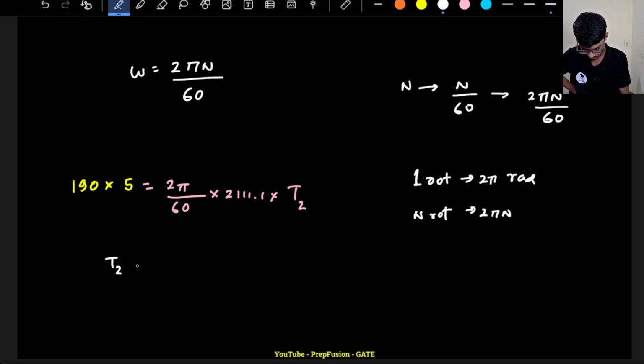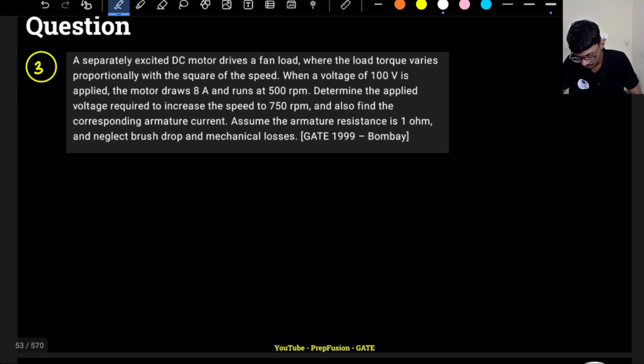So this will be 4.3 Newton meter. This will be the torque basically. So this will be the answer for this question. 4.3 Newton meter will be the answer. The unit of torque is Newton meters. Okay. Let's now move on to the next question.